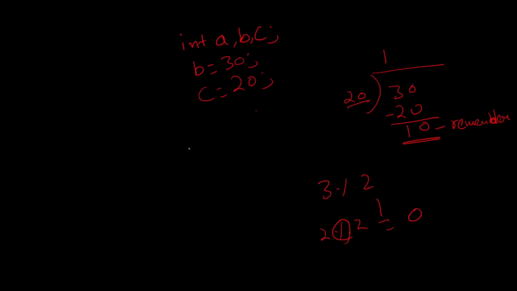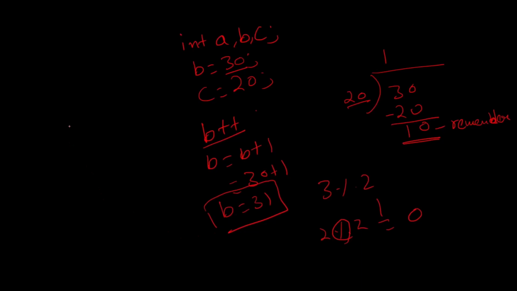Okay, now after this we have increment and decrement. What does it mean? When I use here b plus plus, it means b equals b plus 1. And what is the value of b? The value of b is 30, and after this it will be 30 plus 1, which is 31. Now when you perform this statement, it will increment the value 30 to 31, and the current value of b is 31.